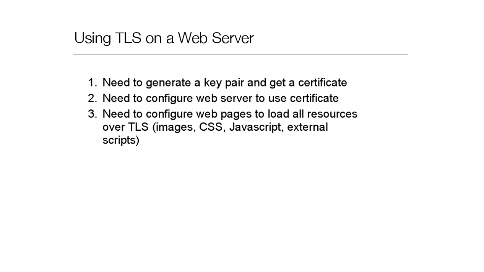And the third thing is we have to configure our web pages to load all their resources over this TLS security protocol suite. Resources means images, style files, JavaScripts, and other external scripts.